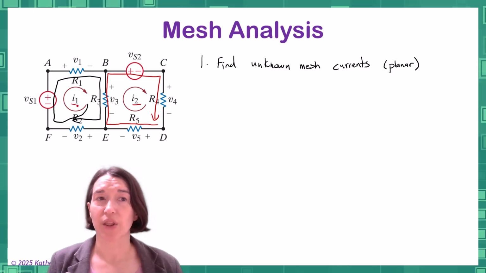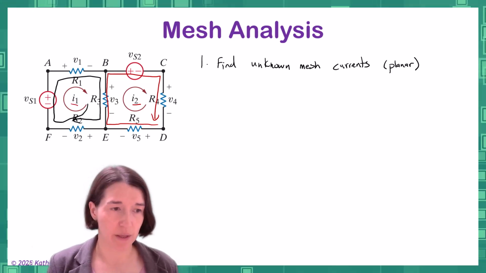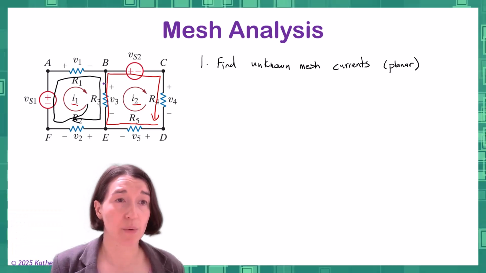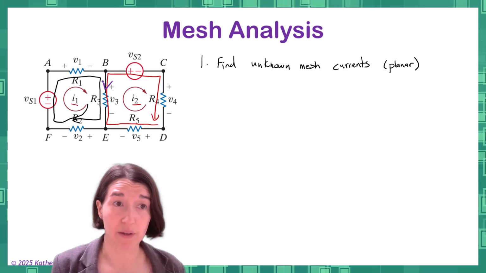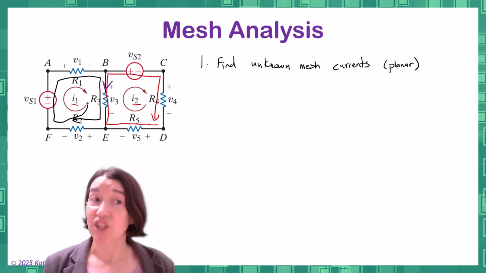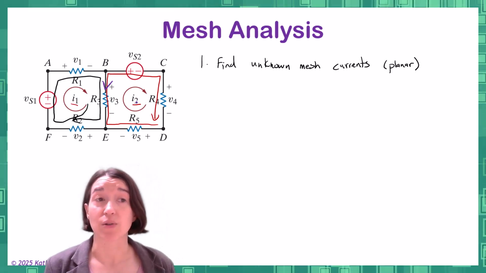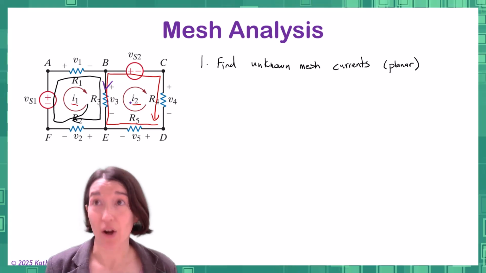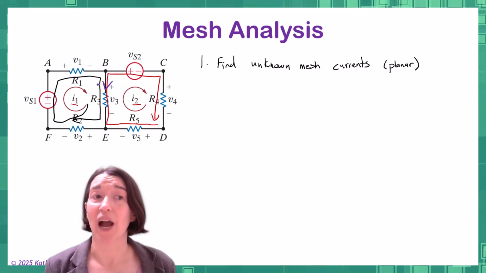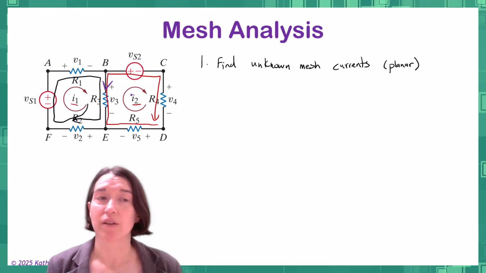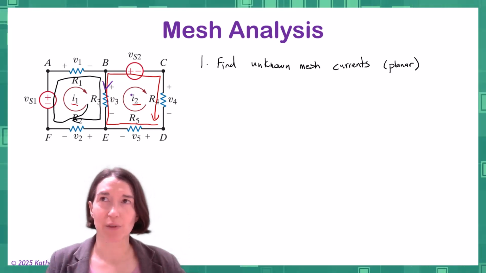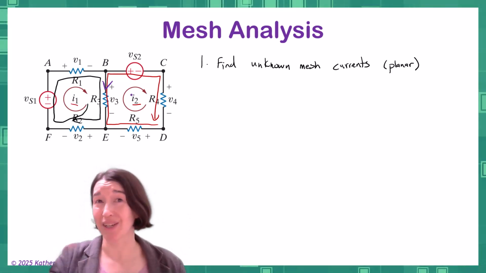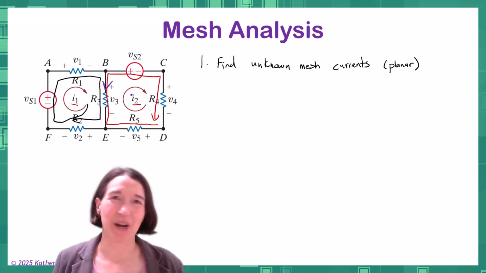I just want to point out one thing in this image: the current through this branch, for example, is not just I1 or just I2. It would be the combination of those two. In fact, it would be I1 minus I2. The way I like to think about it is like a current in an ocean or in a body of water.